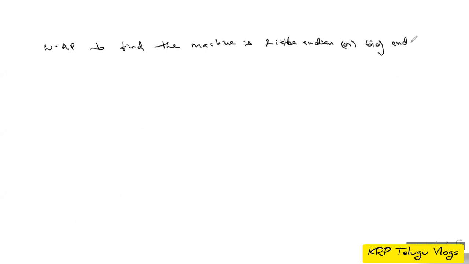So now, the question is, write a program to find whether the machine is little endian or big endian. How will you write the program?